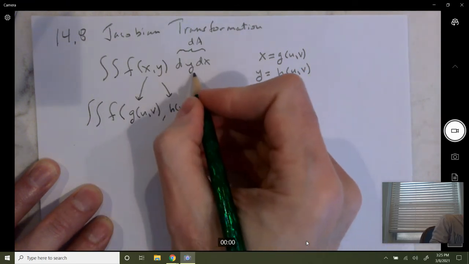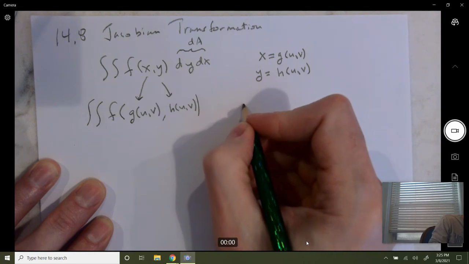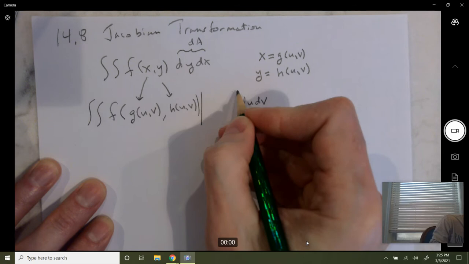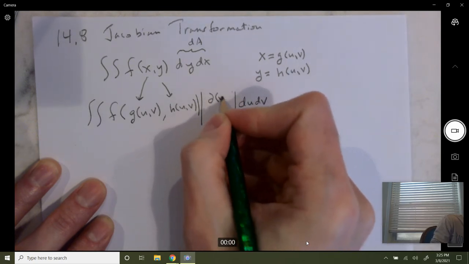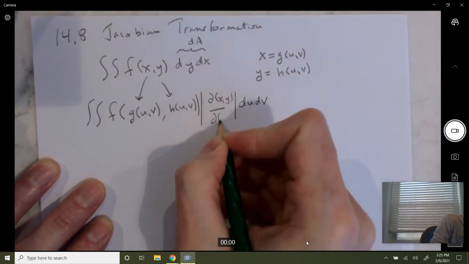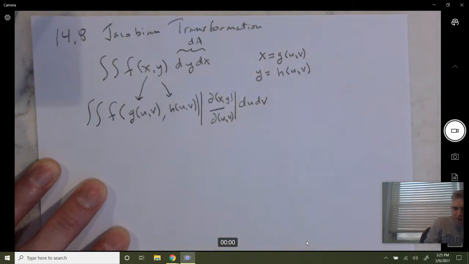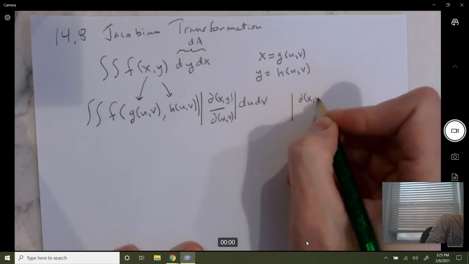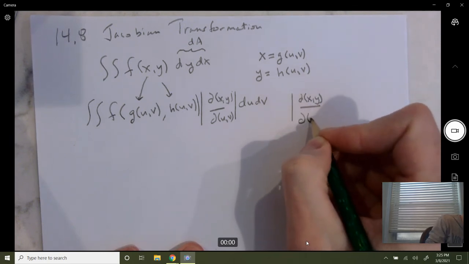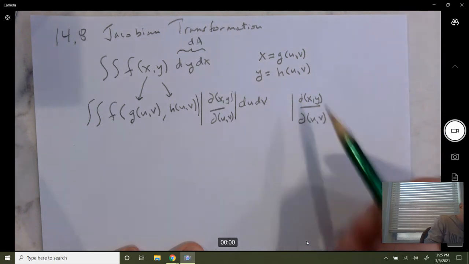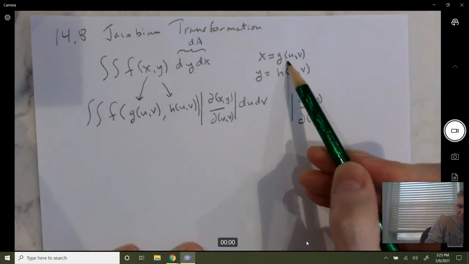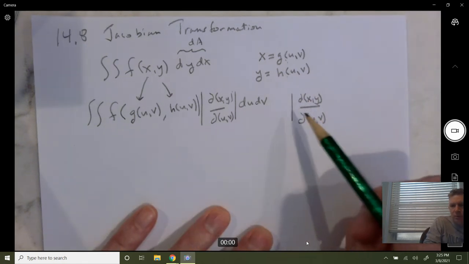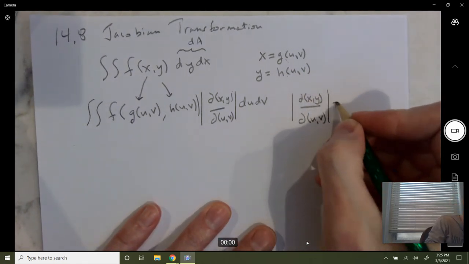And what happens to your dA is it now becomes a du dv, but you need this Jacobian matrix in here, which we abbreviate as d of x y over d of u v. It's assumed that these functions g and h both have continuous partial derivatives with respect to u and v. That's going to be important when we draw the region and make some assumptions about it.